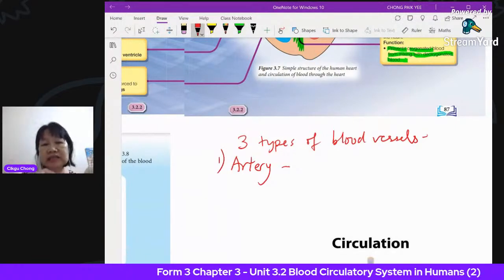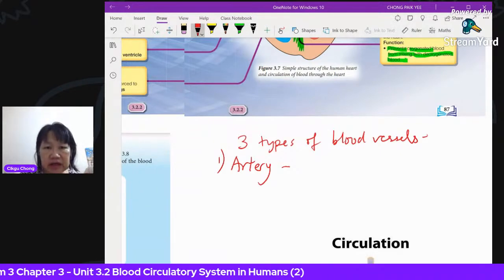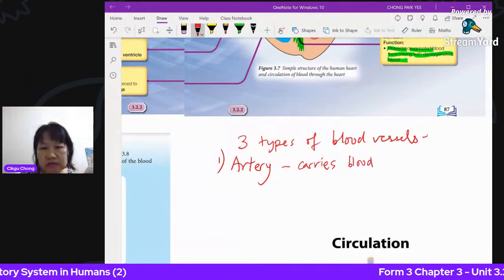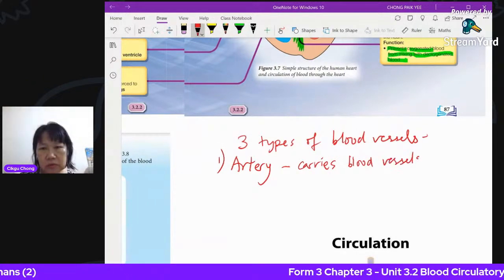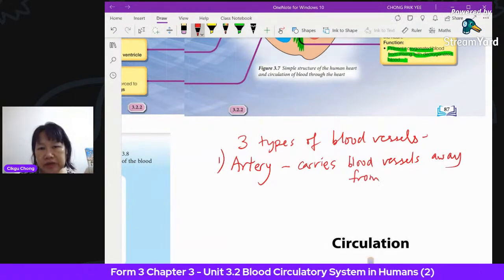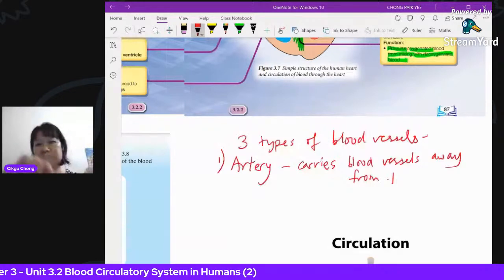As long as it comes out of the heart. So let me write down first. Artery carries blood away from the heart. That's why we call it artery. As long as the blood vessel is coming out of the heart, it's called artery.